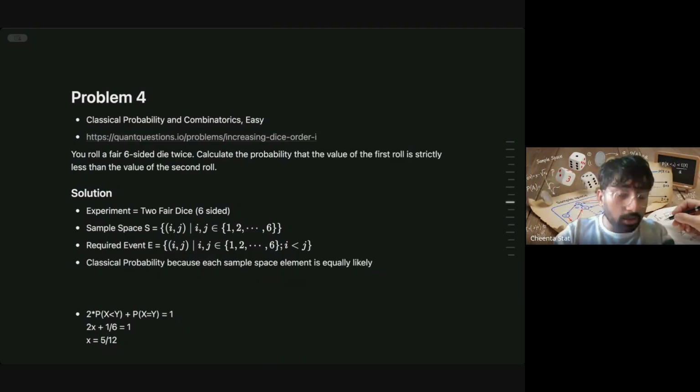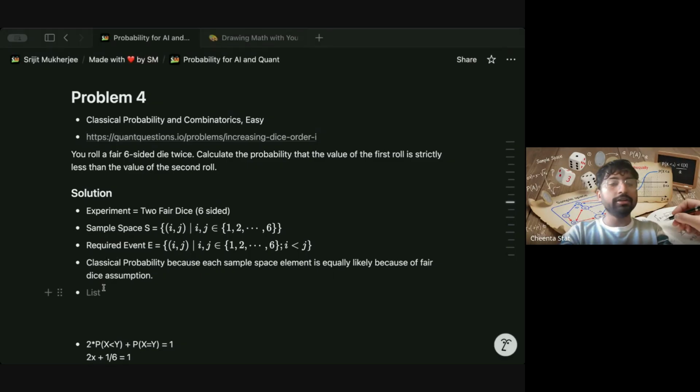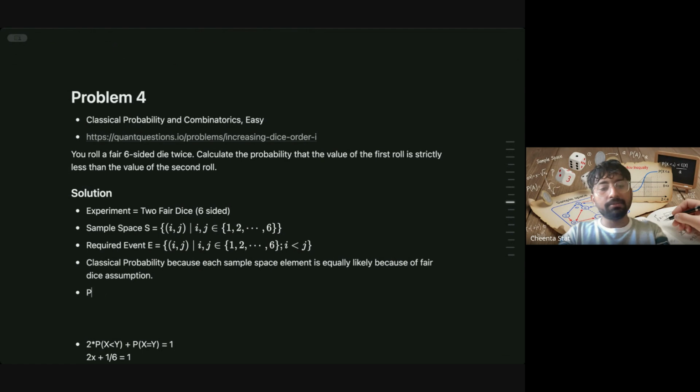This will also teach you how to write solutions. So now, since it's classical probability, we can write P of E.